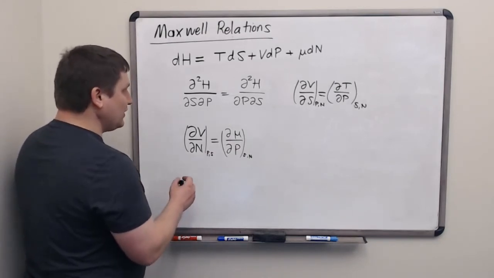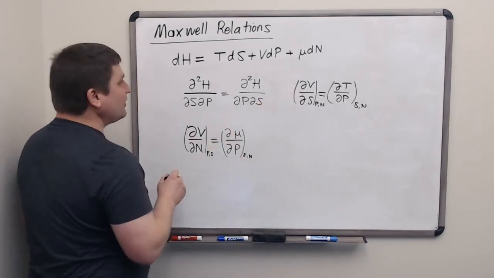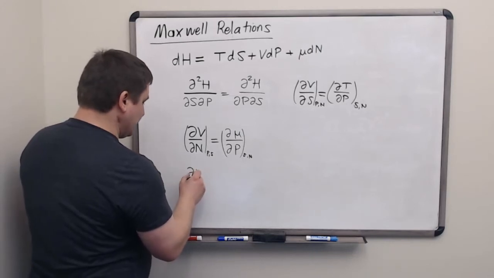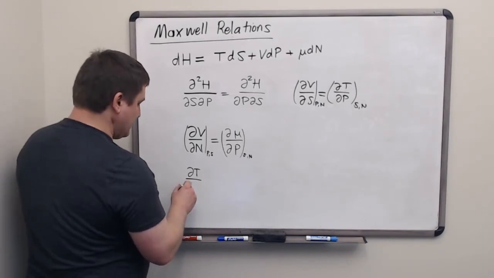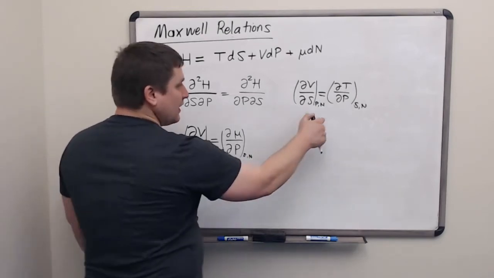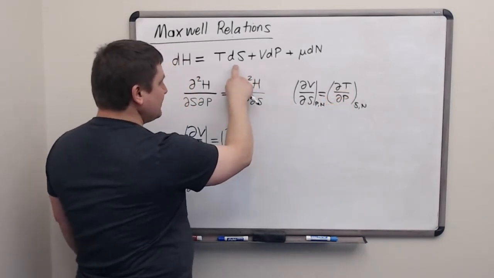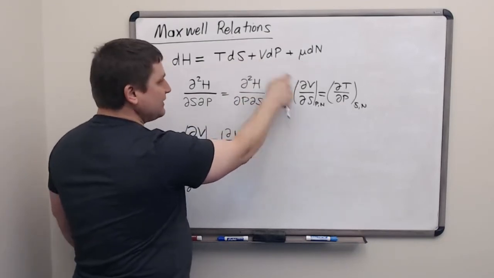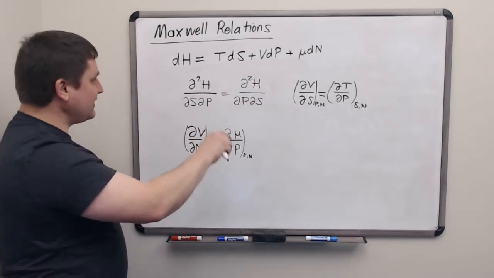The third one: I've already got one for volume and one for volume, so the third one will involve another expression with temperature on top. The derivative with respect to pressure was already taken up over here, so I could do dT dS, dT dP, or dT dN. dT dP showed up there, that one was done. dT dS is a pure second derivative, that's a heat capacity.